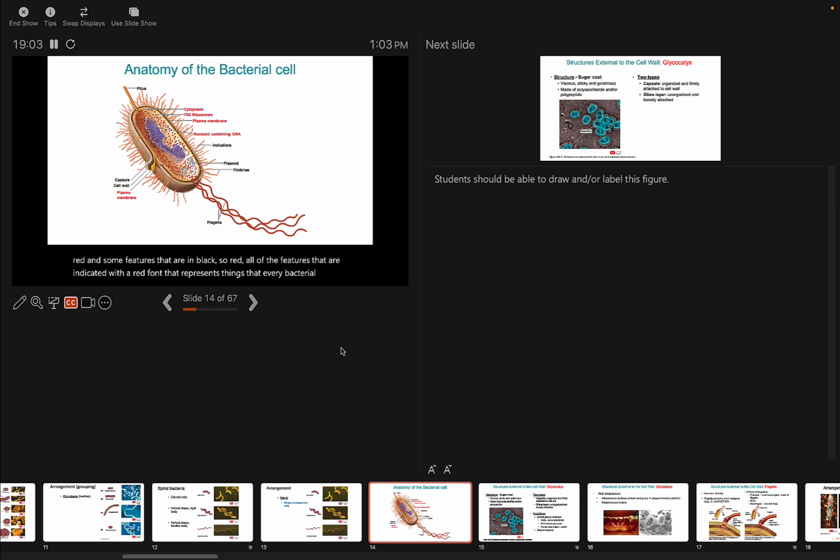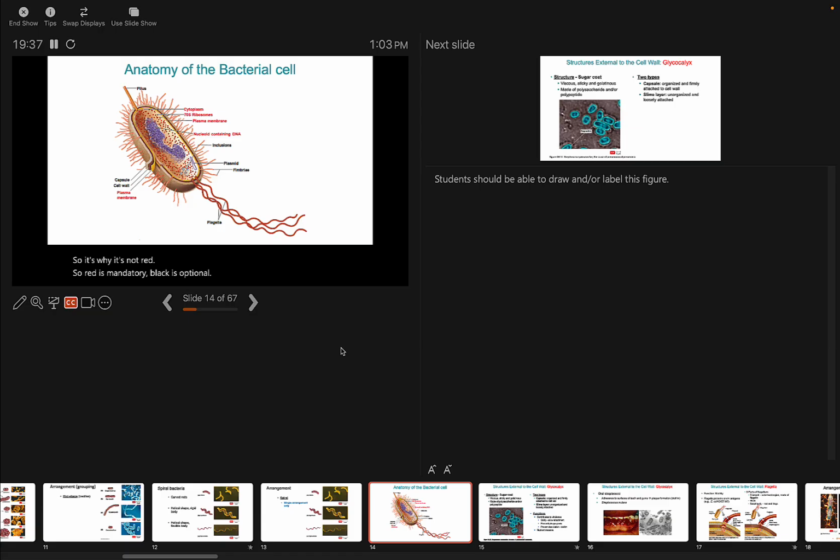We have not identified any exceptions to the red. They gotta have the red. Black, those are your bonus features. Maybe most bacteria do have them. Most bacteria do have a cell wall, but not all. So that's why it's not red. So red is mandatory, black is optional.